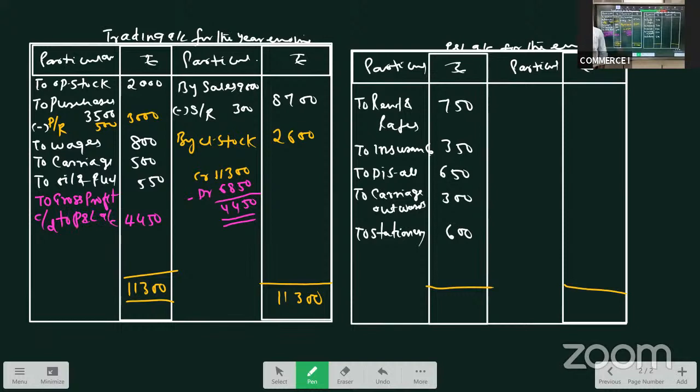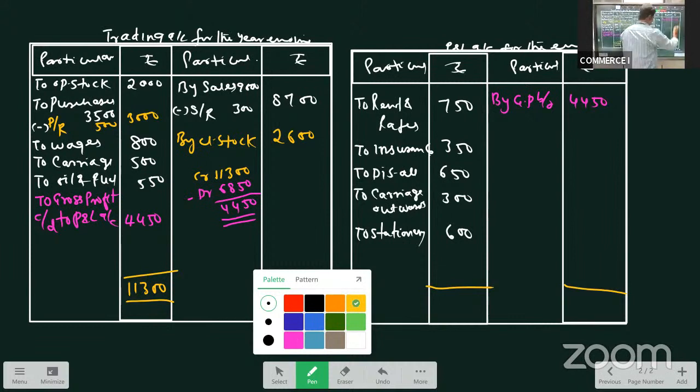The result of trading account is gross profit, and gross profit will be transferred from trading account to P&L account. So in the P&L account, the first item on the credit side would be gross profit brought down, 4,450. Now let us balance this.